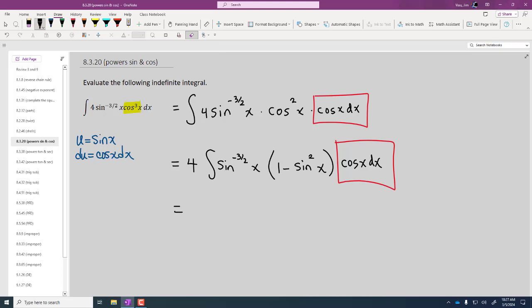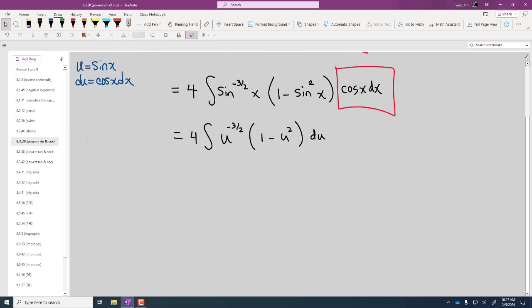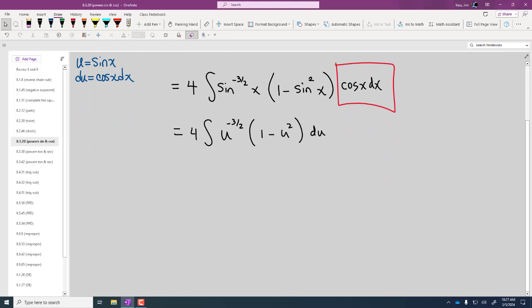So this will be the integral of u to the negative 3/2 multiplied by 1 minus u squared multiplied by du. It's always a lot easier to switch over to u's before you start distributing.